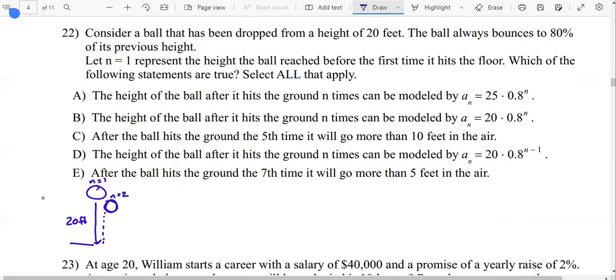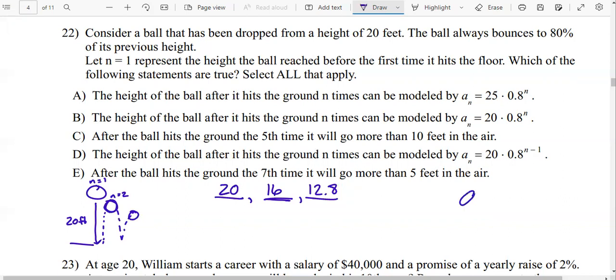Term 2 then, so if term 1 is 20, let's see what term 2 would be. 80% of 20 is just 16. What's 80% of 16? That would be 12.8. So that's the way the ball bounces. Bounces up again.